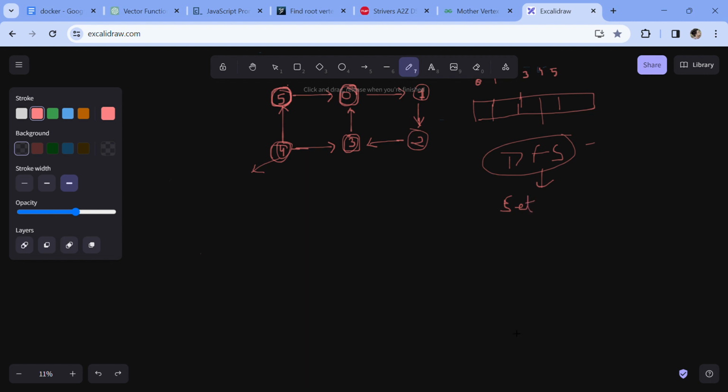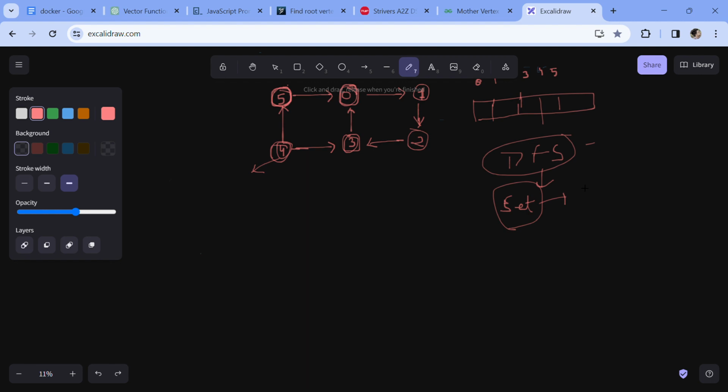Set is a data structure that will contain only the unique elements. In our case, we have to reach every node or vertex at once, so we need this data structure to keep track of our unique visited vertices.